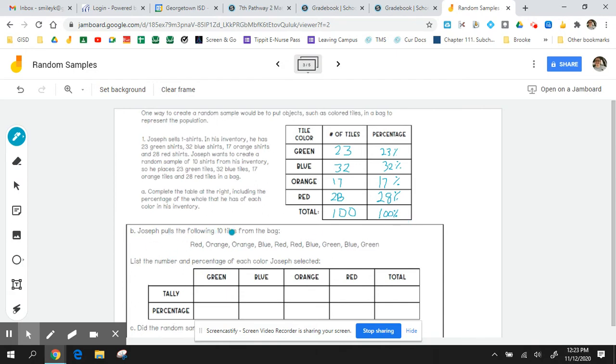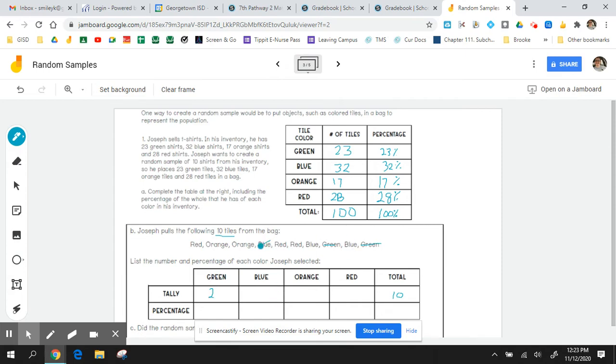If Joseph pulls the following 10 tiles from the bag, so he's only pulling 10 from the bag, we know that we're going to have 10 tally marks. Let's look. Green, there's 1 green, 2 greens. So you can write 2 tallies if you want, but we are looking at tally marks.